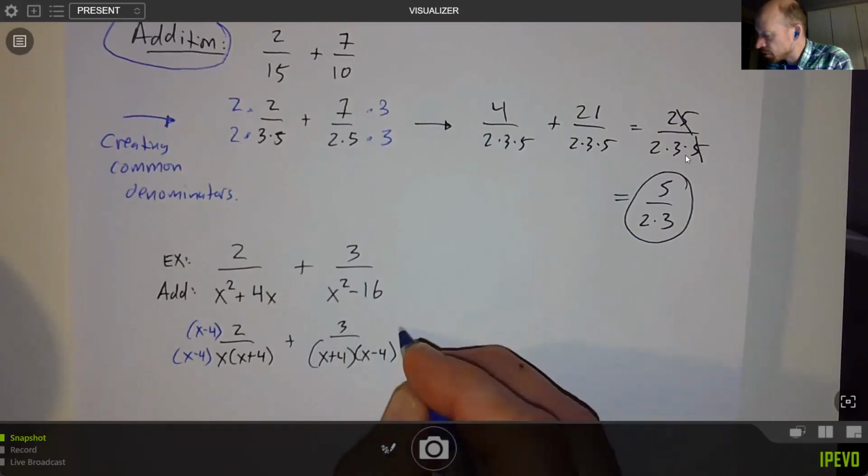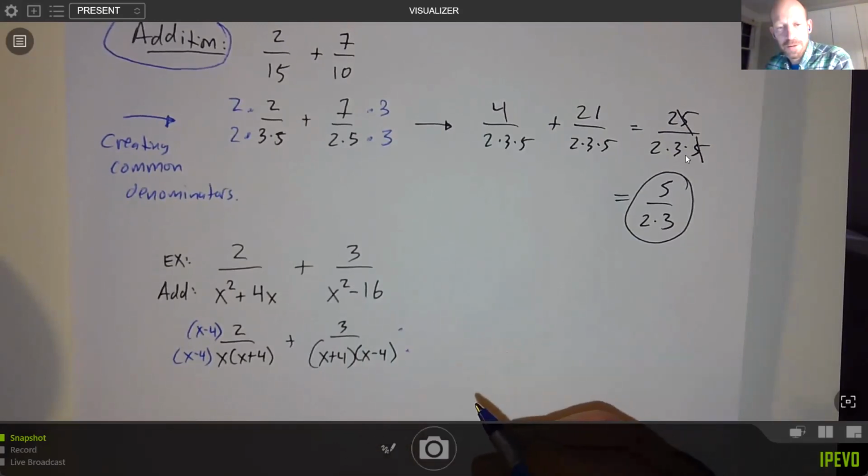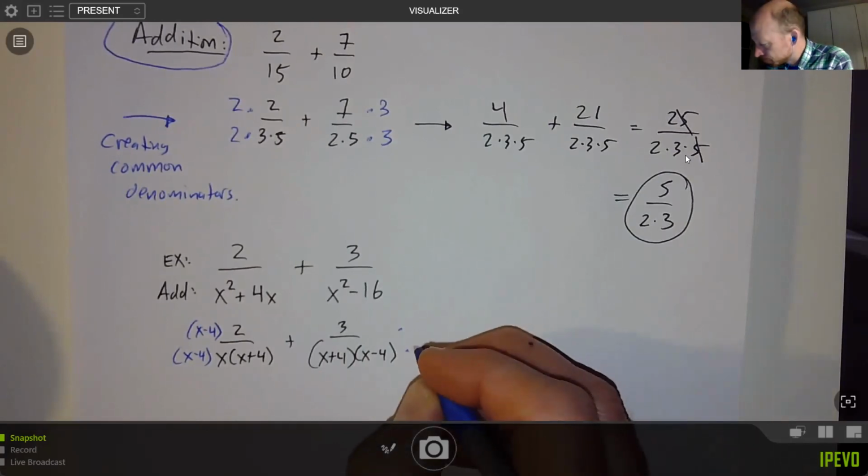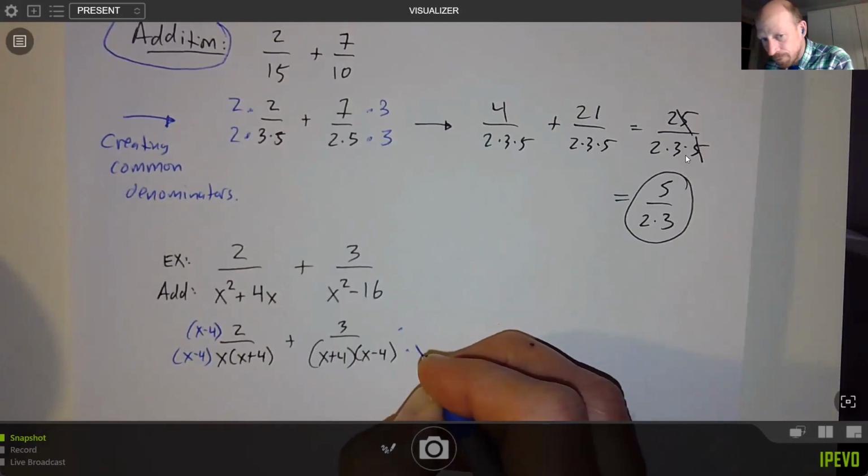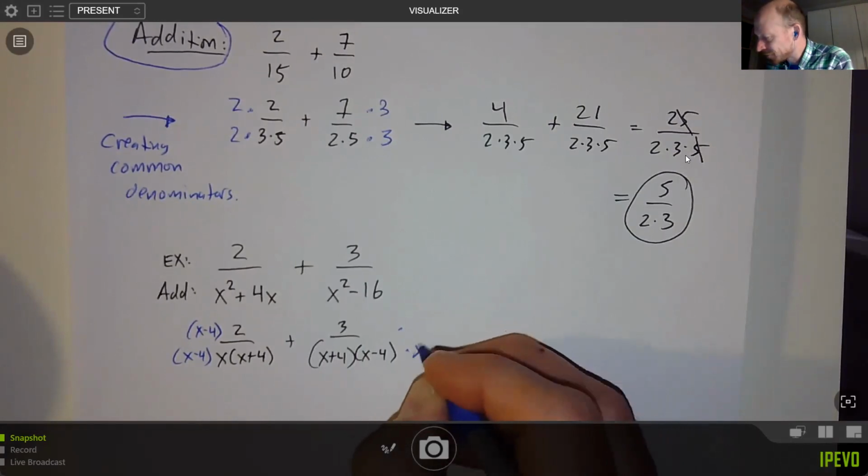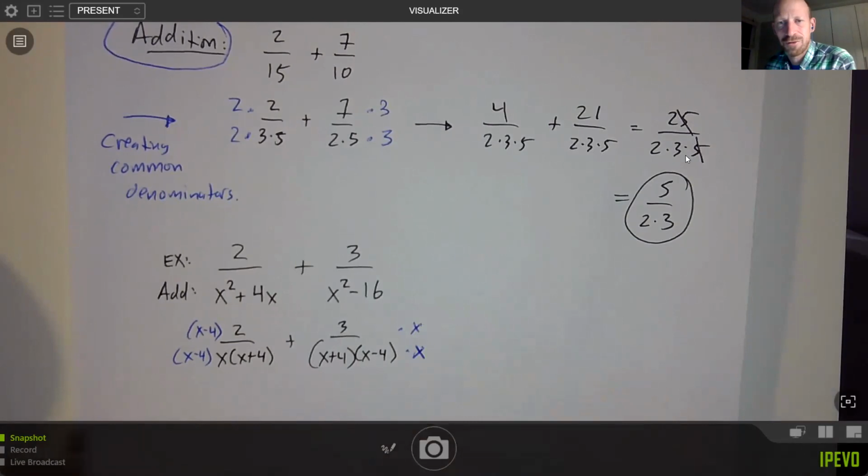And over here, what do I need? Let's see it. I'm gonna give it away. X. I think you might have known that, but it's kind of effort, right, to unmute yourself and jump in. So that's an X. Do you guys see that?